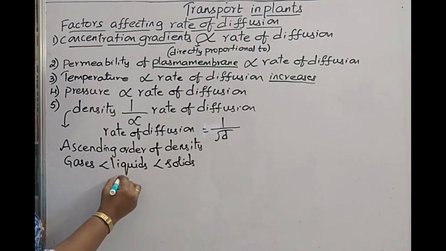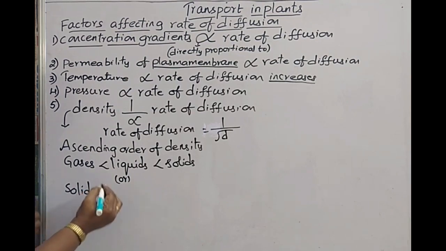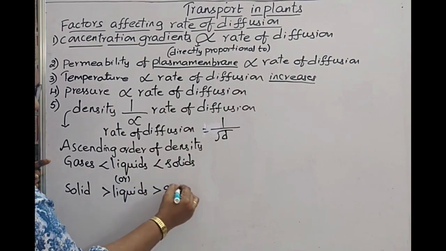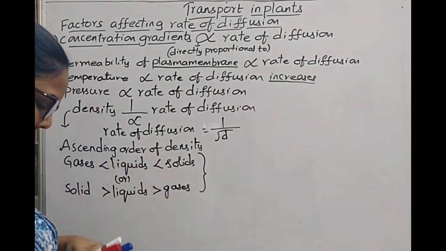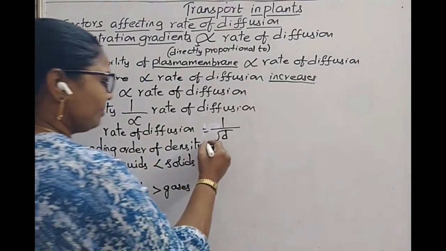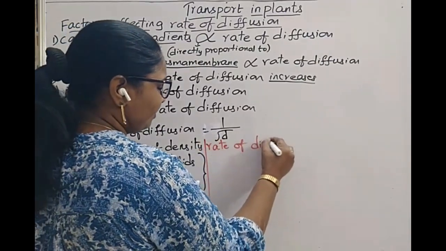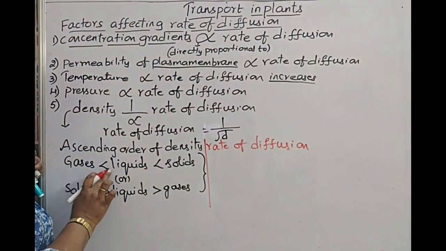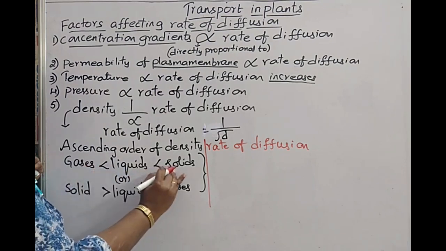Solids have more density, so we write a greater than symbol. Liquids have greater density than gases. If so, then what is happening to the rate of diffusion? Gases have less density than liquids, which have less density than solids.